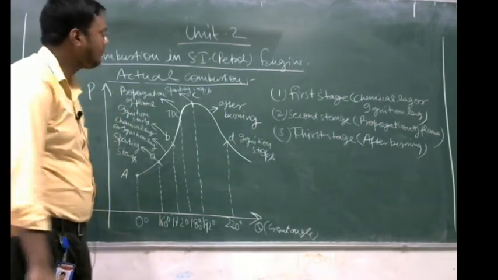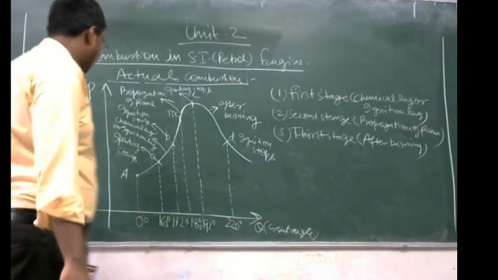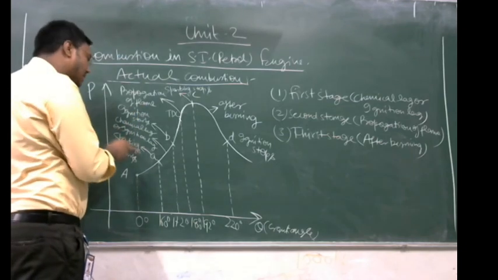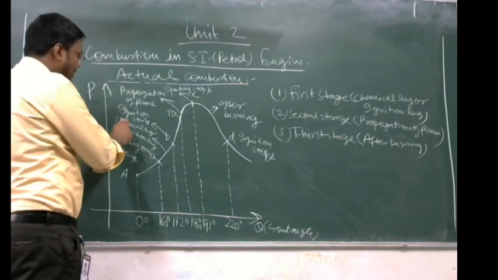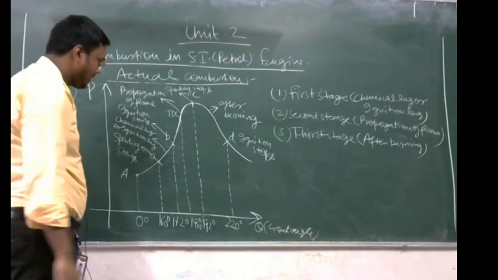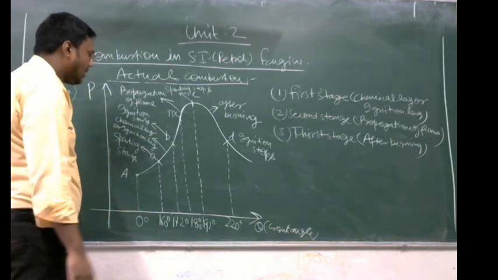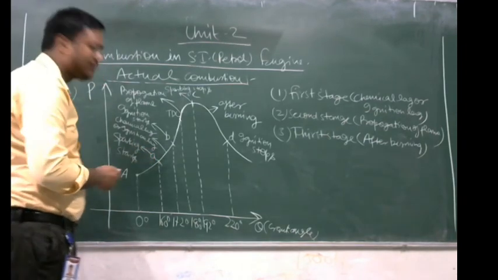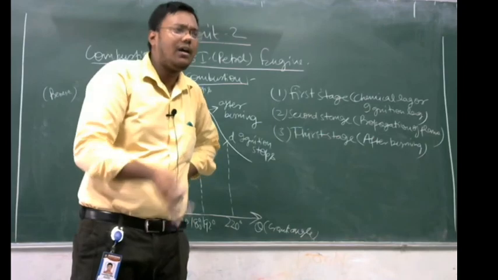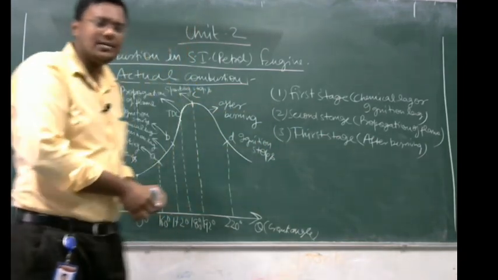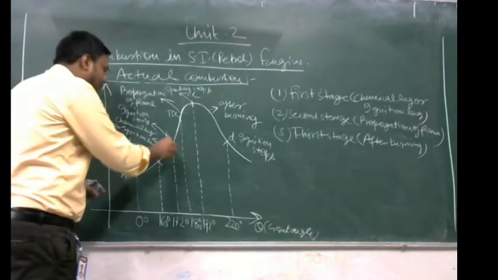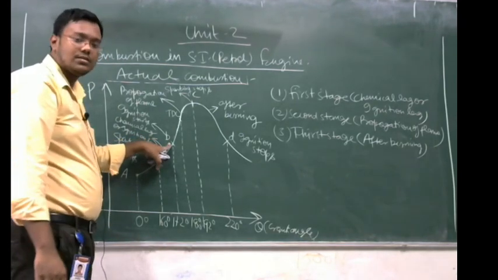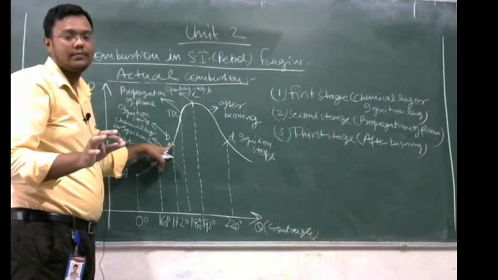Now here is another thing. When sparking starts at point A and chemical reaction takes place, at point B ignition starts. But when sparking starts at point A and the chemical reaction does not take place properly, or there is some problem due to which ignition does not start at point B, it means there is no combustion in the air fuel mixture.